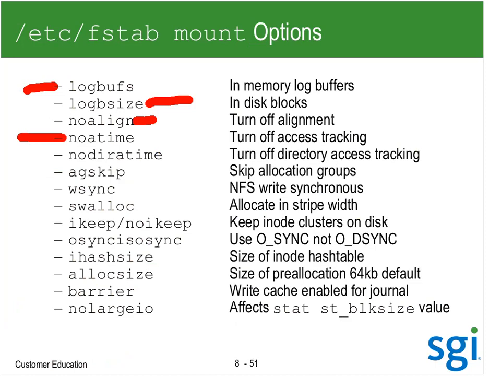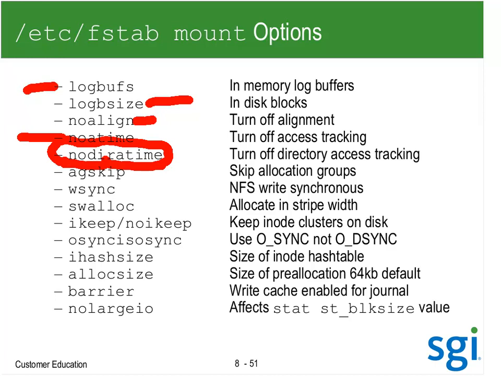This is the one, Jeff, we were talking about, nodiratime. So that can turn off directory access tracking. That way, a find or an ls -R is not going to create a metadata storm and create a large journal. Well, actually, this is XFS, but still creating a large slab.